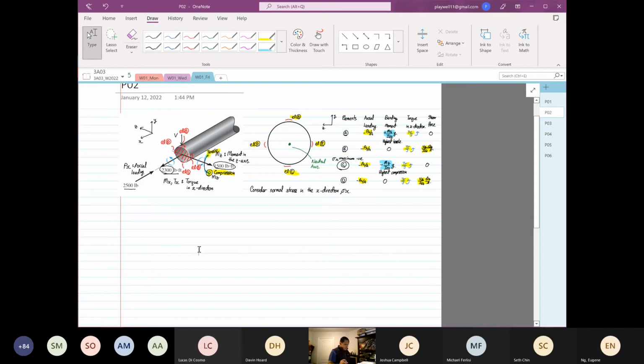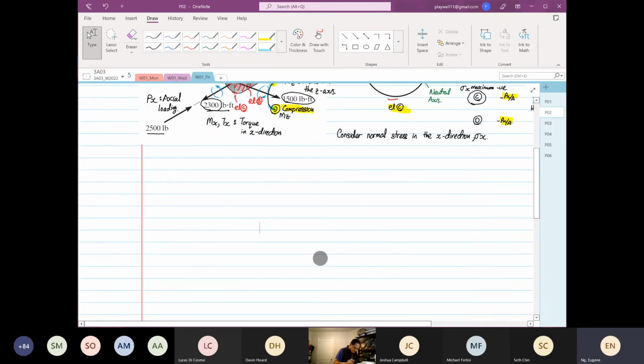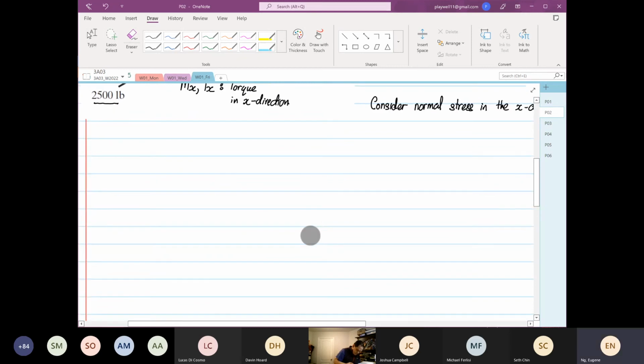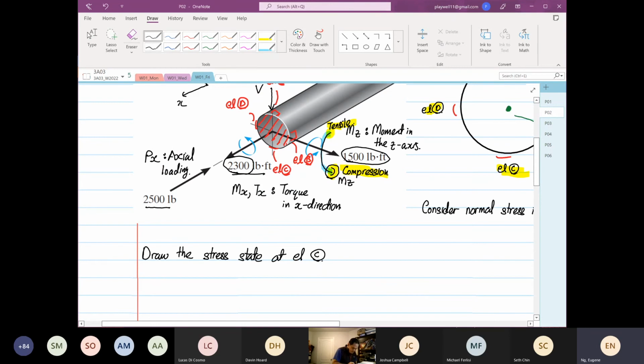Now we are going to draw the stress state, or construct the stress state, at element C. Element C is down here.